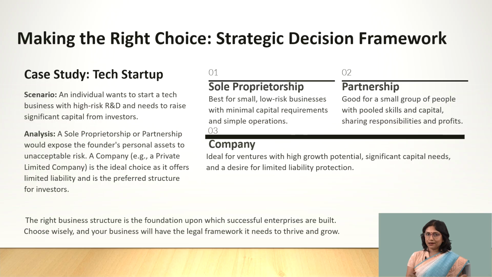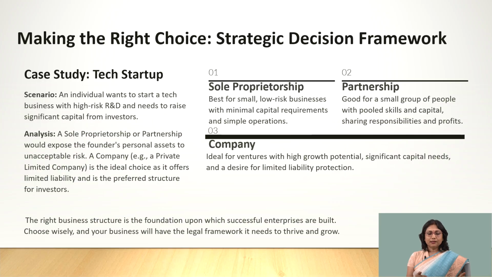If it is a tech startup, for example, I have taken this case, where an individual wants to start a tech business with a high risk of research and development and needs to raise significant capital from investors. In this case, an individual business or partnership will be very, very risky, because their personal assets may be attached to the financial obligations of the business.